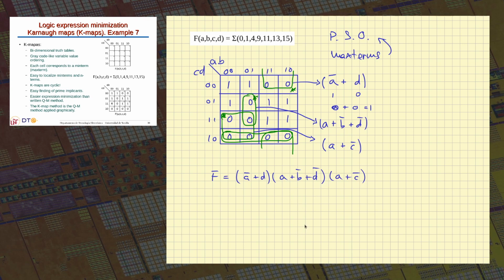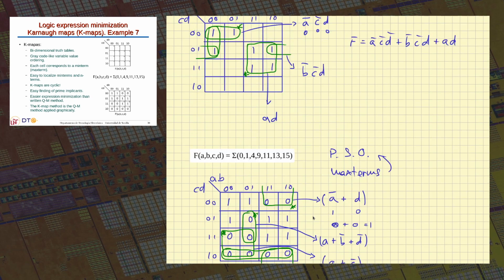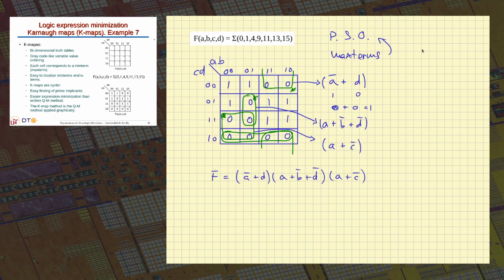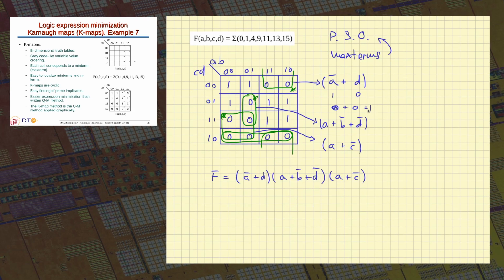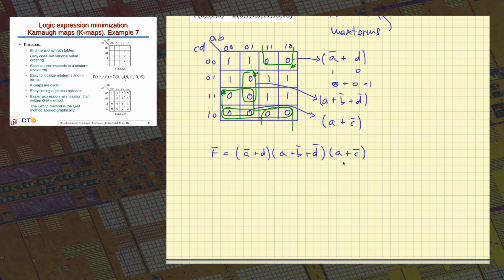So this way, from the previous example, we have the minimal expression of the sum of products, and also this was one of the possible minimal expressions. We have two alternatives here. We decided to use one of them, and here we have the minimal expression as a product of sums.